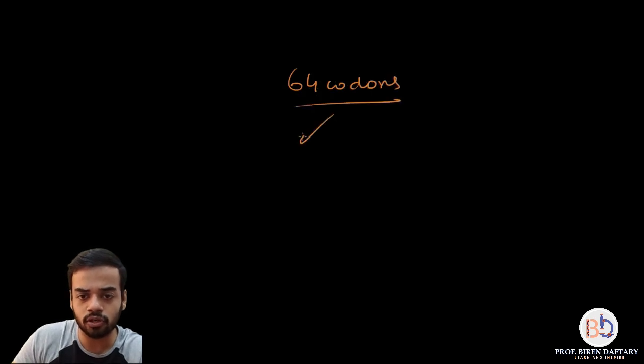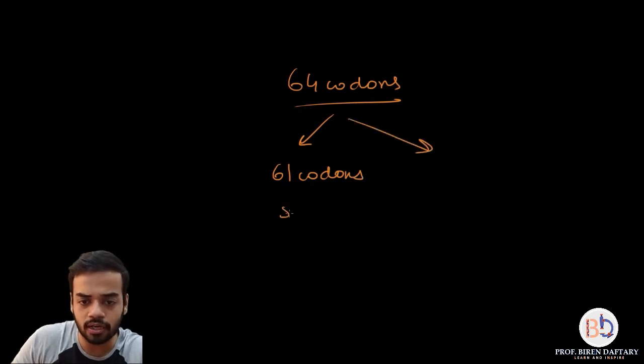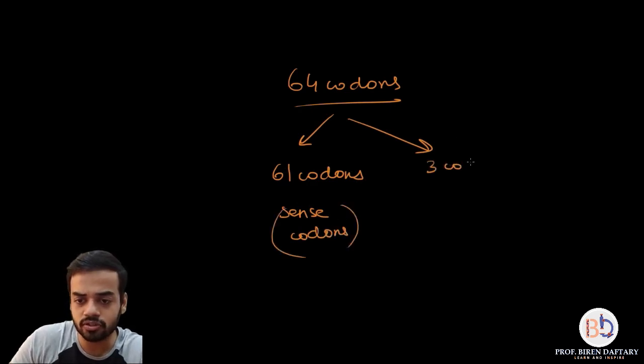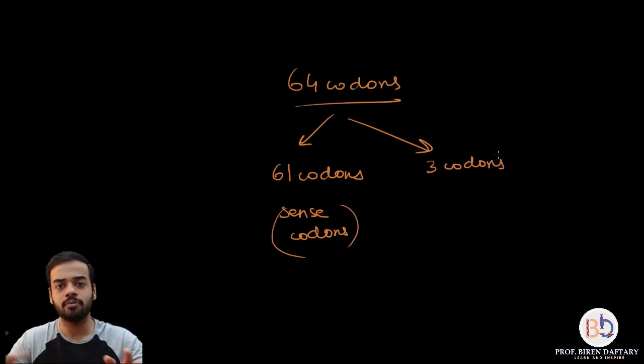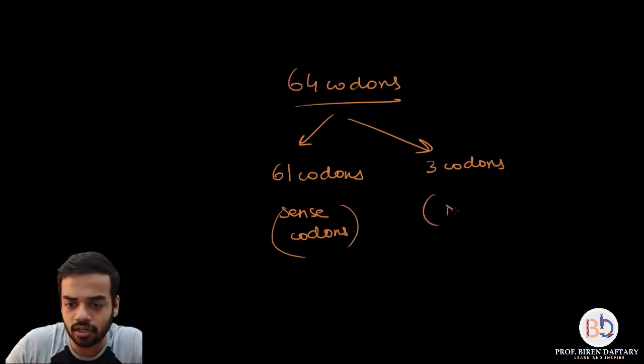Now please remember, out of those 64 codons, only 61 code for amino acids, and they are all called sense codons. Whereas 3 codons do not code for any amino acid, and they are called nonsense codons.